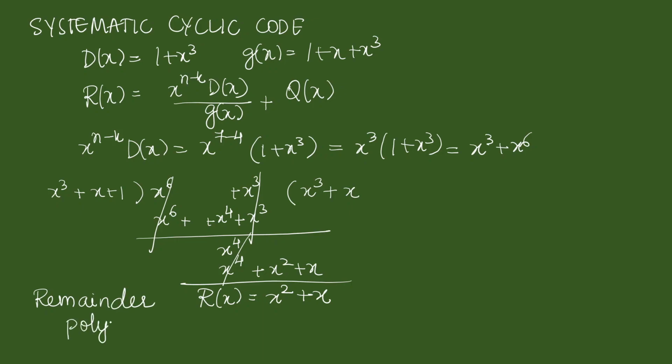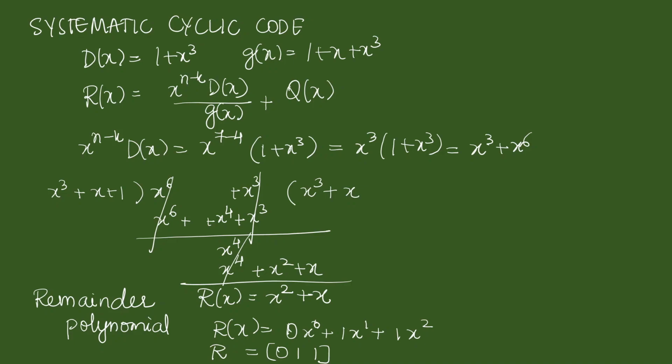Now how do we write the code word polynomial? The remainder, if we put it in terms of powers of x, is 0 into x raised to 0 plus 1 into x raised to 1 plus 1 into x square. In terms of bits, it is 0 1 1.